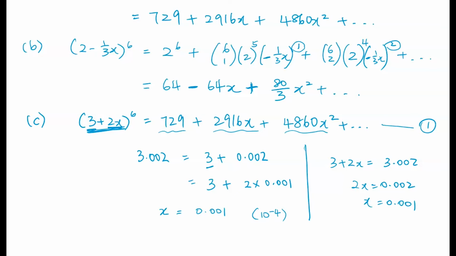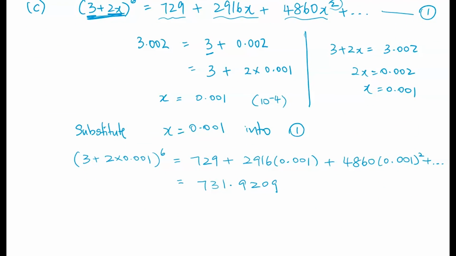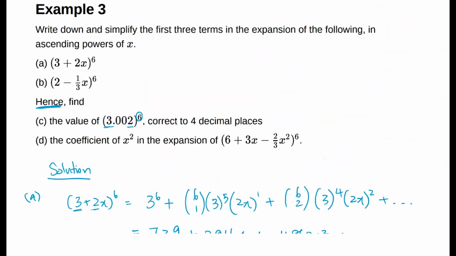The reason is because for the last 4 terms, the power of x is going to be x cubed and so on. So if x is 0.001 and you cube it, you're actually going to get 0.000000001, which is very small, and it will not affect the first 4 decimal places. Since the question only wants up to the first 4 decimal places, it's not going to affect our answer.